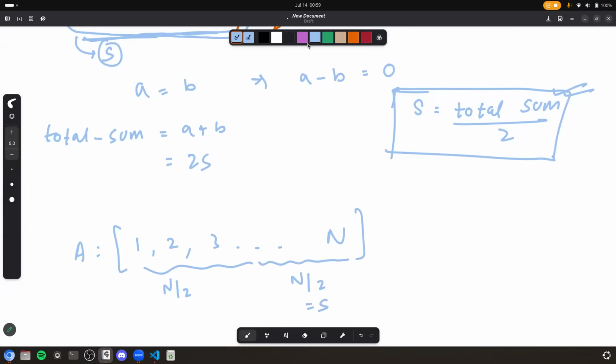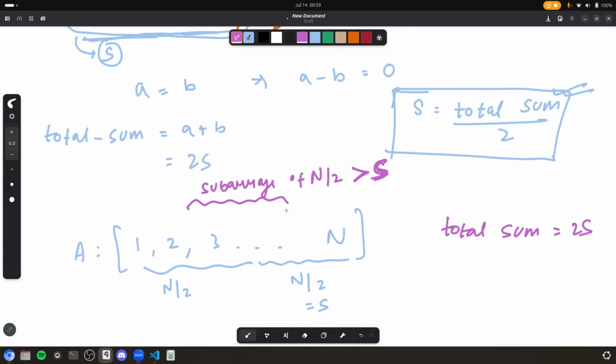So if we find a subarray of n by 2 elements with sum greater than s, then since the total sum was 2s, and we found a subarray of n by 2 elements which has sum more than s. So if we multiply all these elements by -1, we'll have some leftover sum, which let's denote by a.